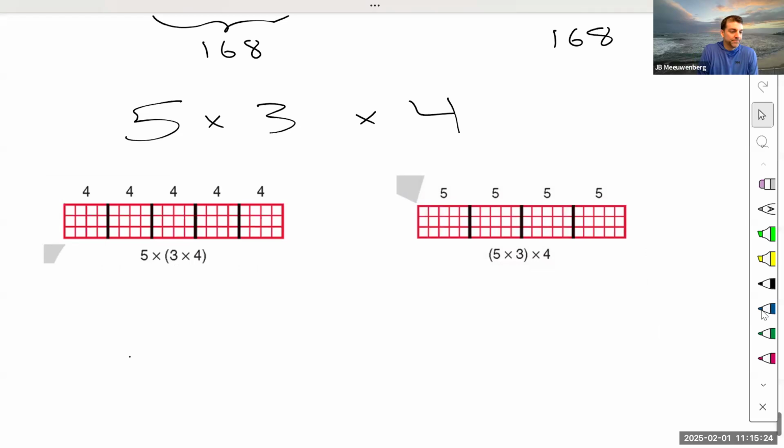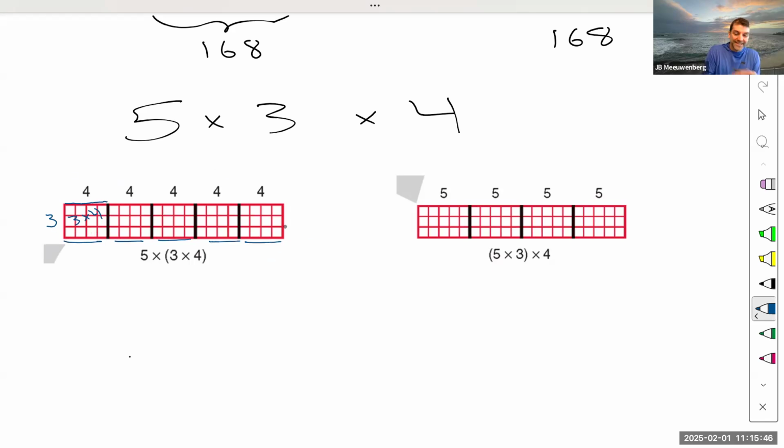So what do we notice here? In this first example, what we have is 3 up and down, and then we have 4 here. So this is showing 3 times 4. And then it's showing how many groups of those? 1, 2, 3, 4, 5.